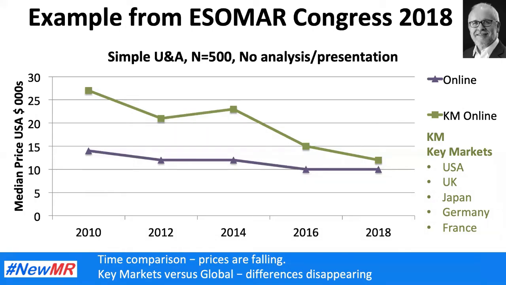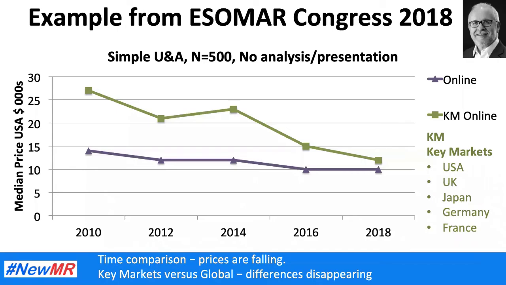And what we have discovered, because this particular study has been tracked now since 2010, is that prices are falling. So if we look at the purple line, that's the online global median price, it has been falling.